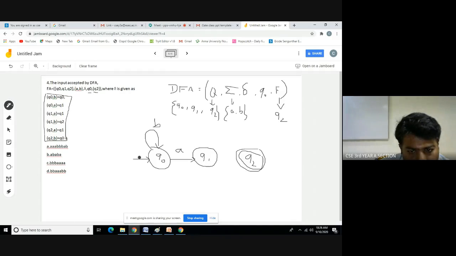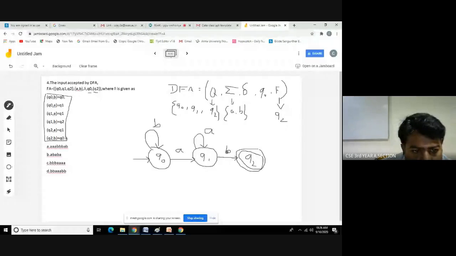From Q1 state, I read the input symbol A, where it goes to Q1, so it becomes a self loop labeled A. From Q1 state, I read the input symbol B, and it reaches Q2.